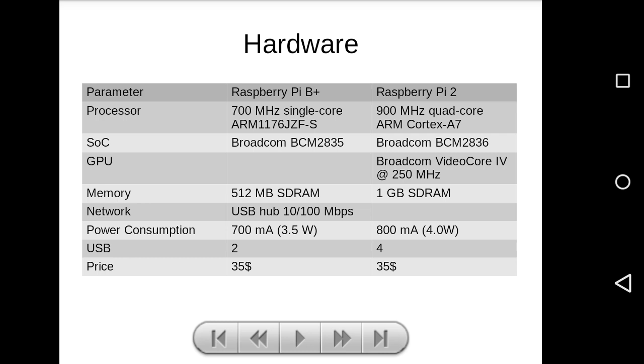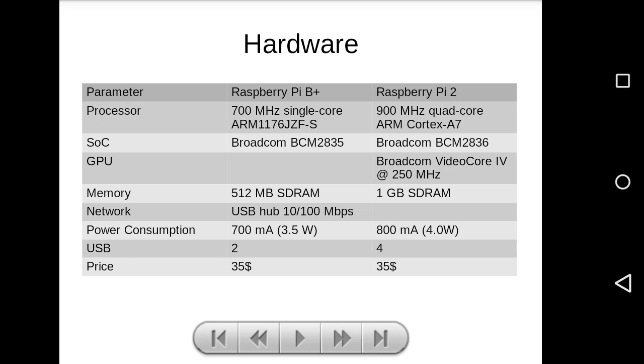So there is a slight improvement in that area also. The major three improvements we see: the version change of the core, the single core to quad core transition, and the two times increase in the memory. Everything else is quite similar.